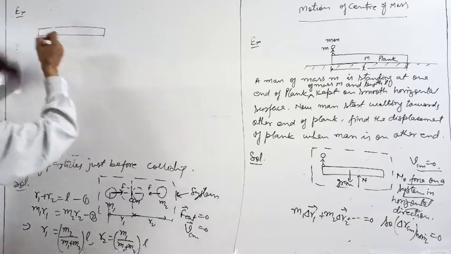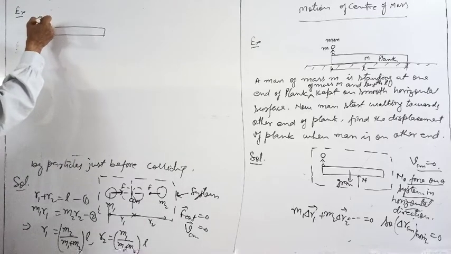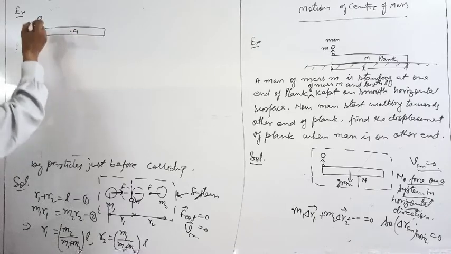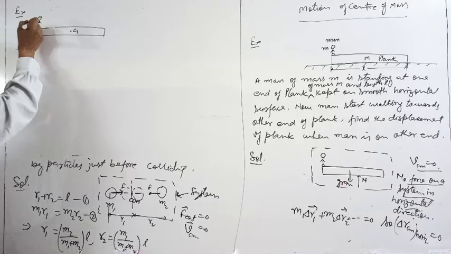The center of mass of the plank is, let us say, C1, and the center of mass of the man is here, C2.